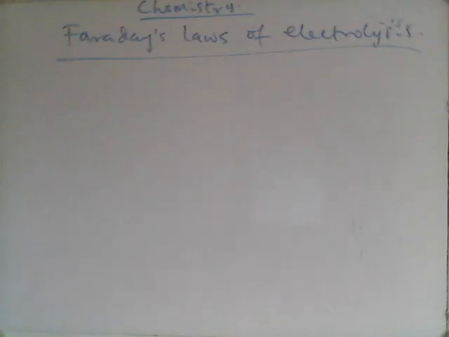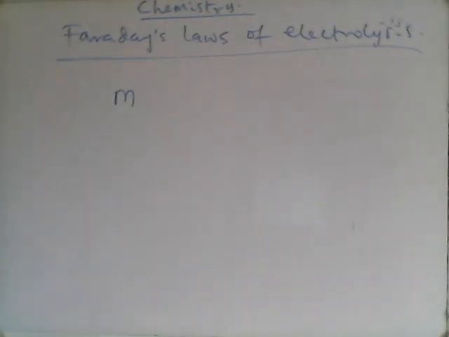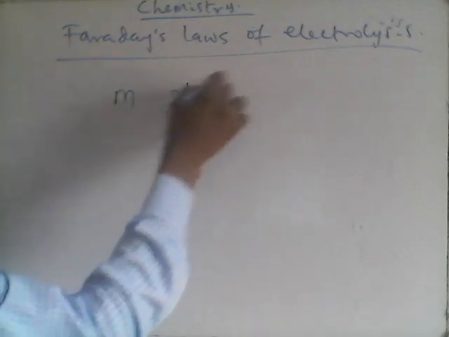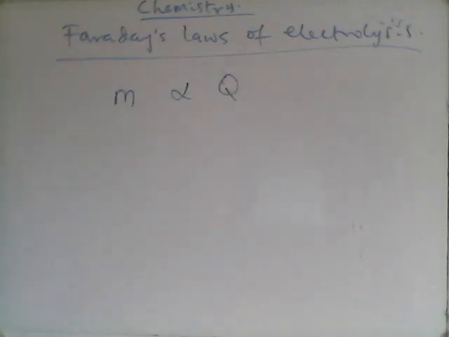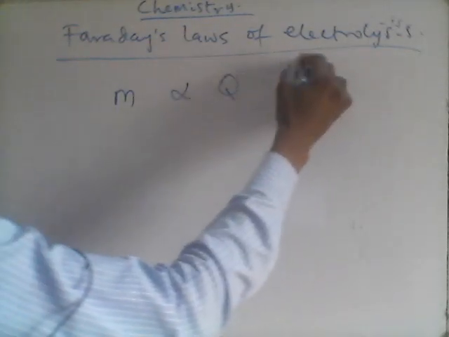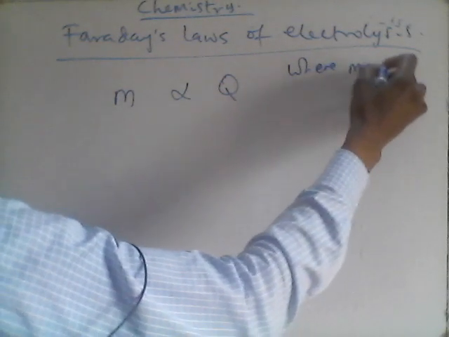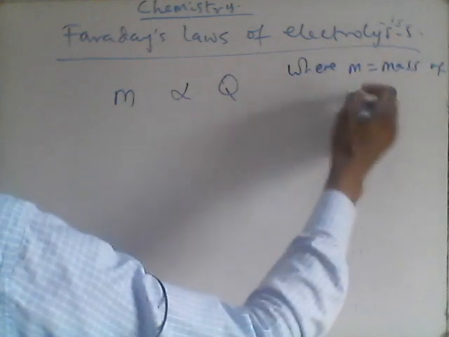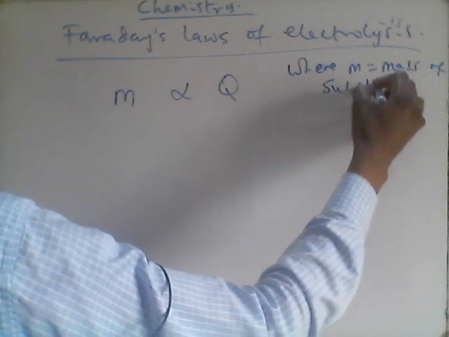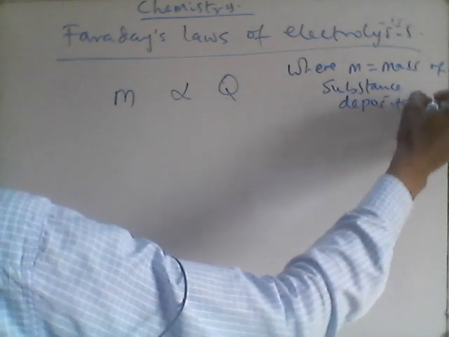Faraday's first law of electrolysis states that the mass of substance M deposited on the electrodes during electrolysis is directly proportional to the quantity of electricity passed through the electrolyte. Here M is the mass of substance deposited at the electrode.